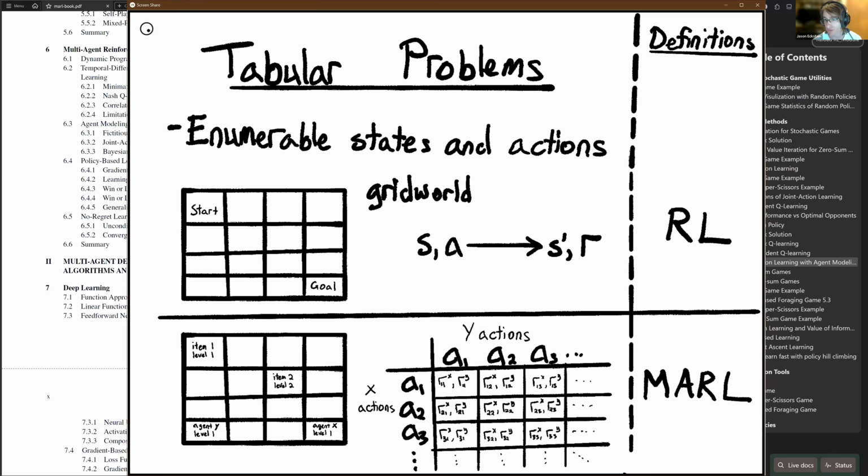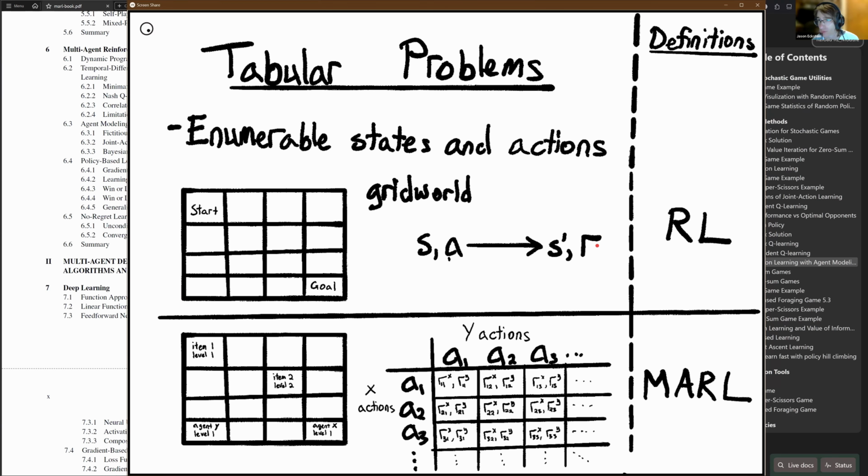The idea is to train an agent that learns how to navigate through the grid world and reach the goal, or reach goals repeatedly, to maximize some reward. What I'm showing here is the transition with the state-action pair, resulting in a transition state and then some reward value.